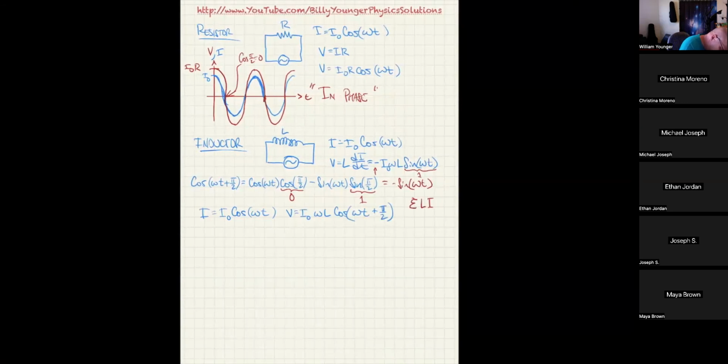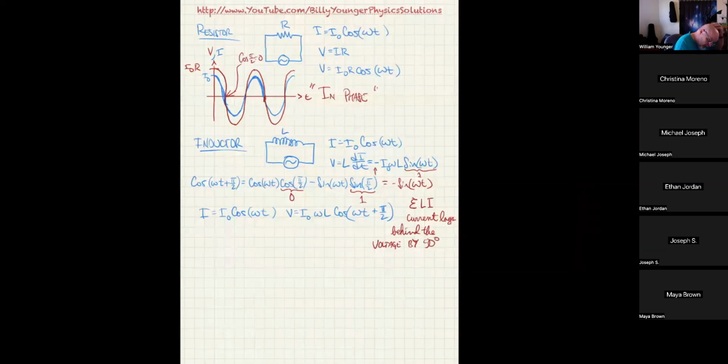So the current lags behind the voltage by 90 degrees.